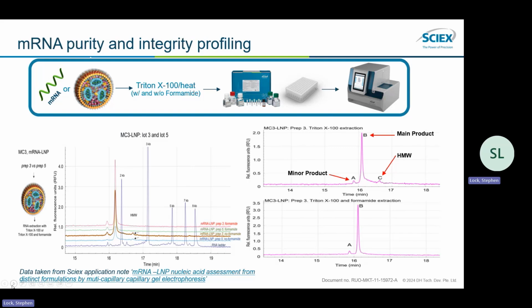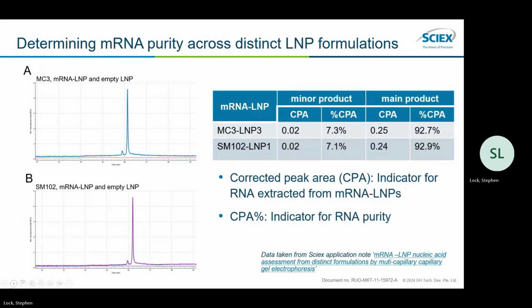So again, it's a very simple sample prep, right? You take your LNP sample, you extract it using Triton X and formamide, you label it with SYBR Green, and then you analyze it using LIF, laser-induced fluorescence detection. But again, looking at this, this is using an MC3 lipid nanoparticle, and also an SM102 lipid nanoparticle.